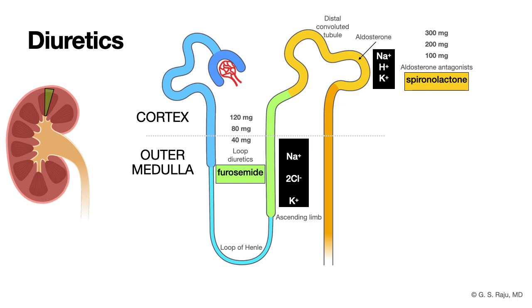The maximum ceiling dose is 400 milligrams of spironolactone and 160 milligrams of furosemide. If at this dose the patient's ascites is not improving, despite the fact that the patient is on a salt-restricted diet, then you should be worried about the possibility of refractoriness setting in.